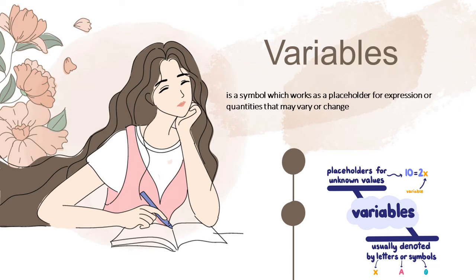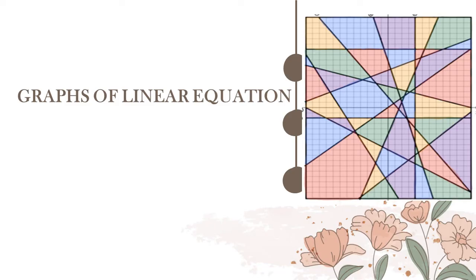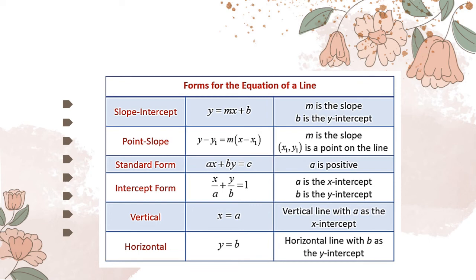So now let's proceed to the different graphs of linear equations. We have here the following forms for the equation of a line. We have the slope-intercept form, the point-slope form, standard form, intercept form, vertical and horizontal form.